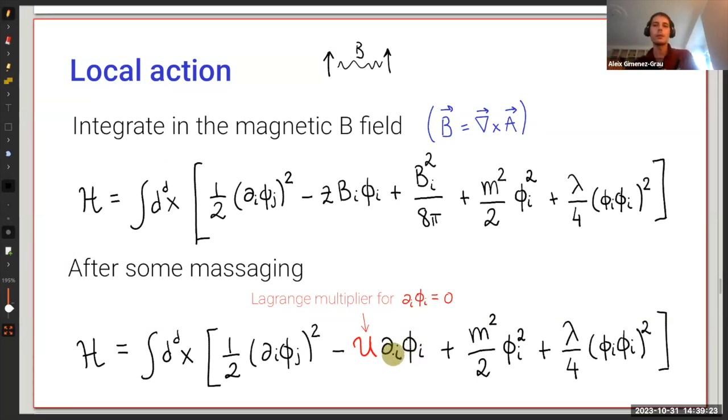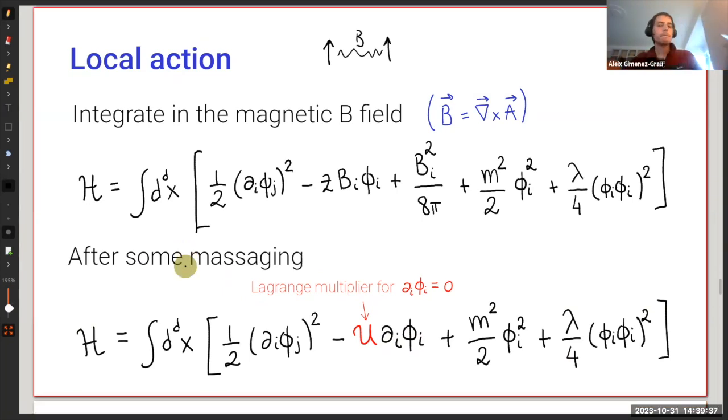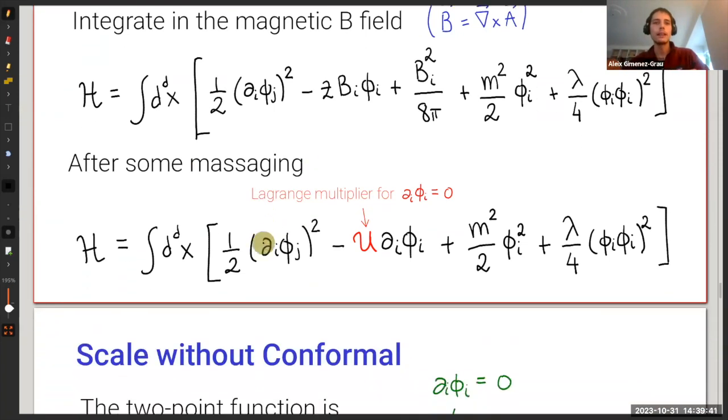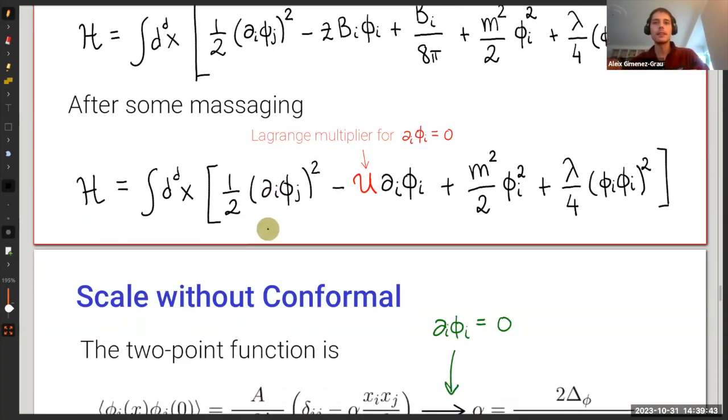So that's the thing that we want to study. That describes the fixed point in a dipolar model. Okay, is this point clear? Hopefully yes. And if not, please stop me. Very clear, don't worry.